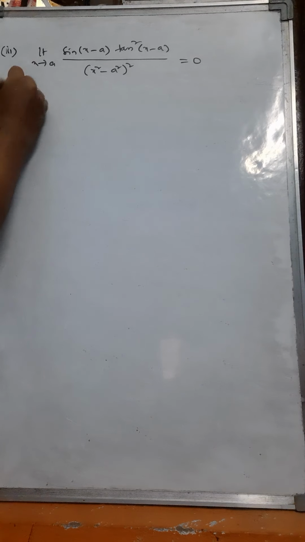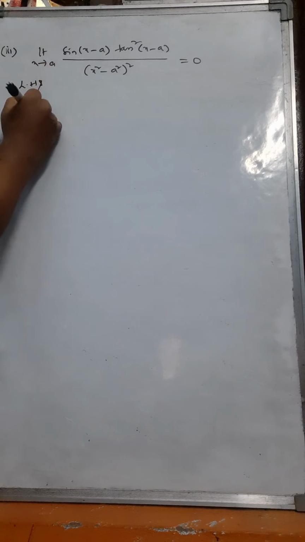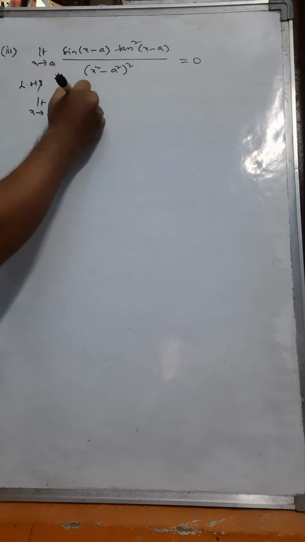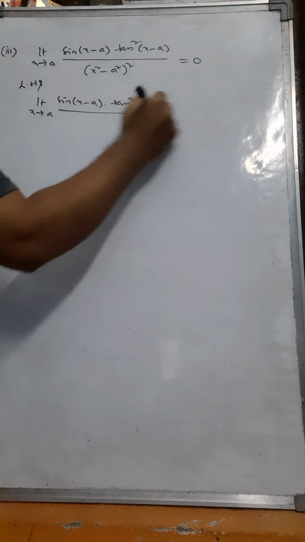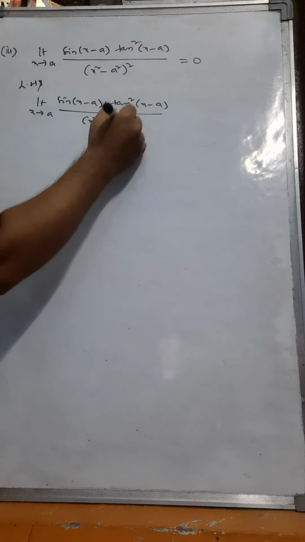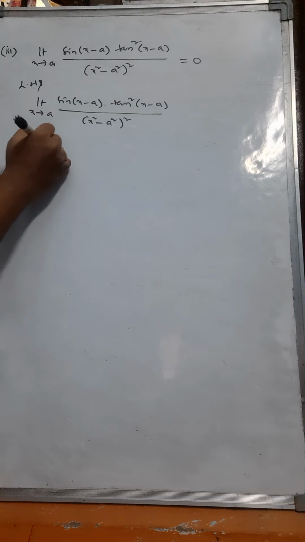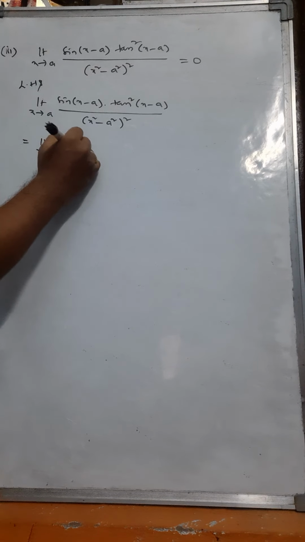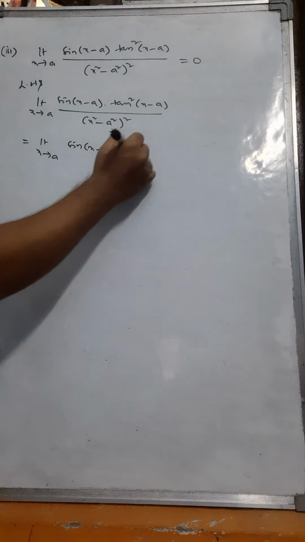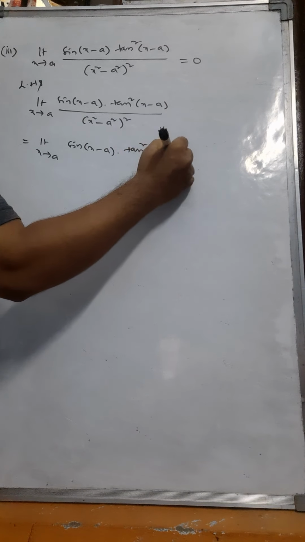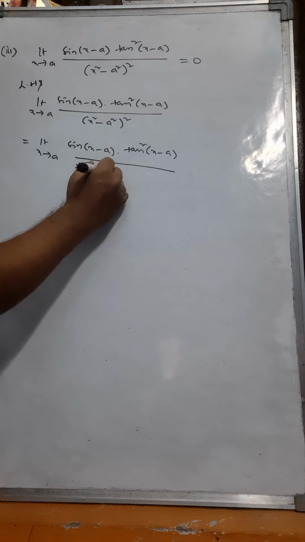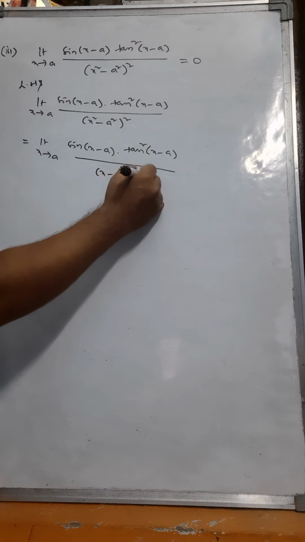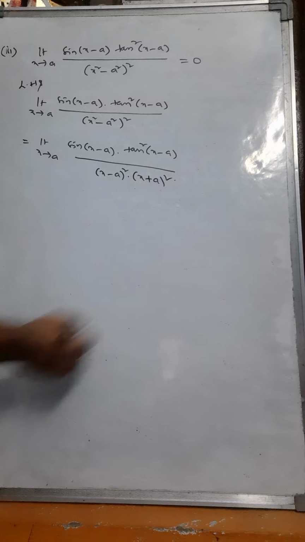So here it can be written as LHS: limit x tends to a, sin(x minus a) into (tan square(x minus a) by (x square minus a square)) whole square. We can write it as limit x tends to a, sin(x minus a) tan square(x minus a) by (a square minus b square), a square minus b square we can write as (a plus b) into (a minus b). That is (x minus a) whole square into (x plus a) whole square.